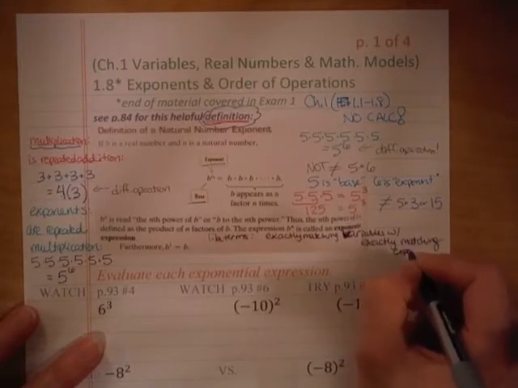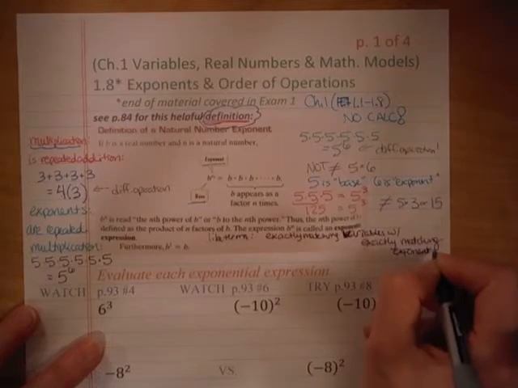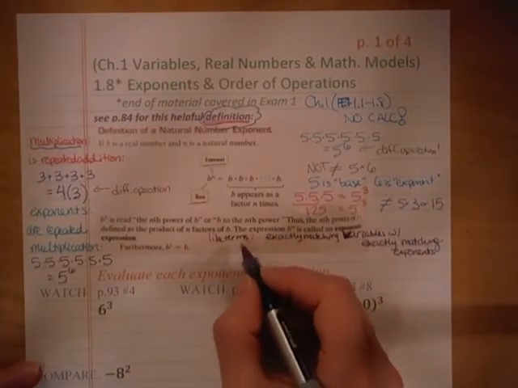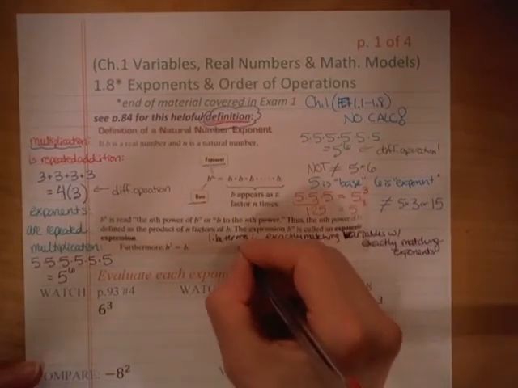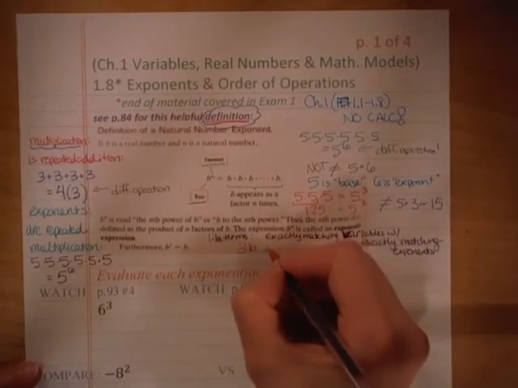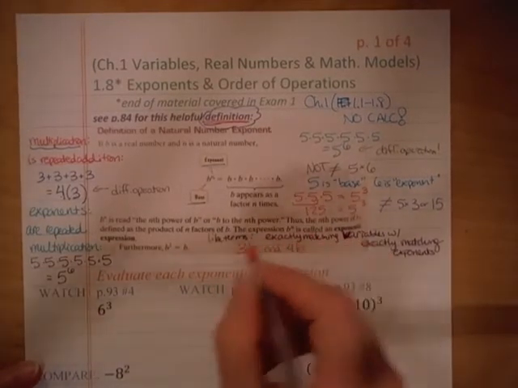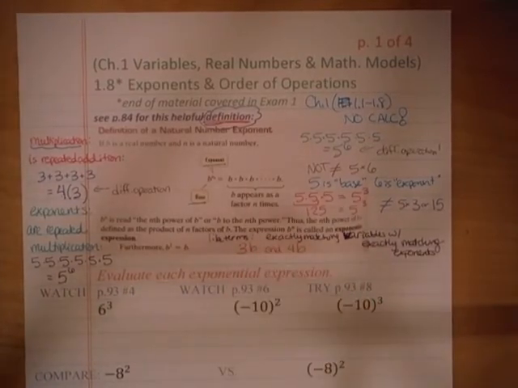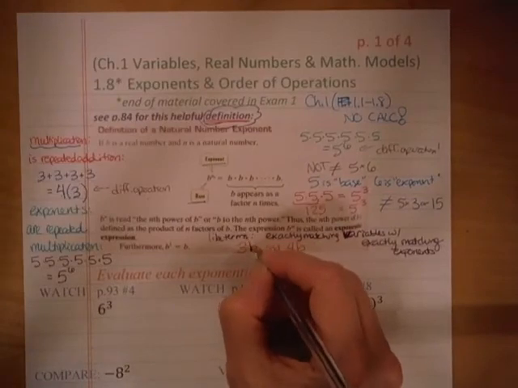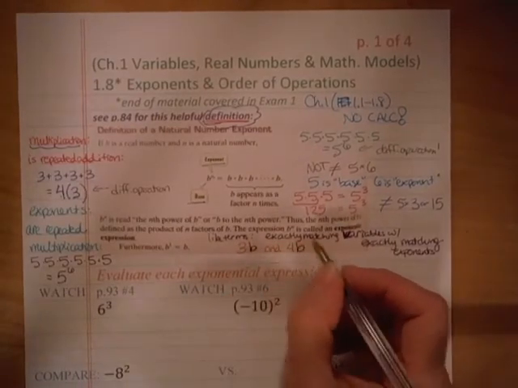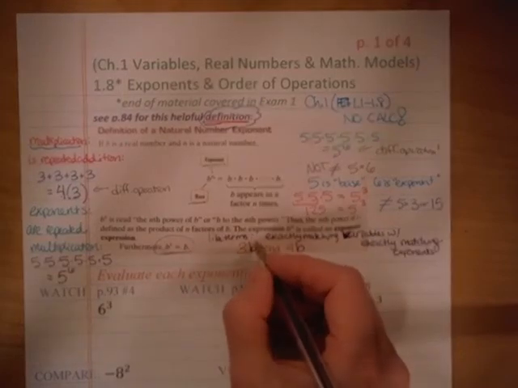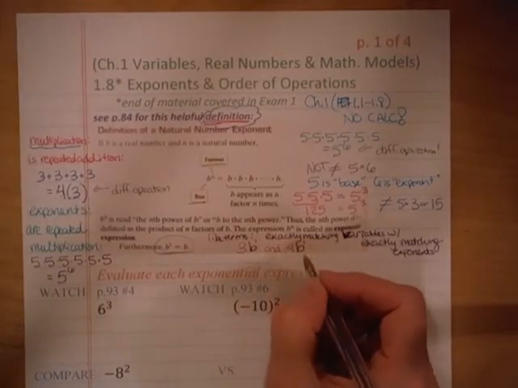Some of the examples we had were just plain variables. They didn't have an exponent that we could see. For example, like 3b and 4b. Those are like terms. The reason why they're like terms is because not only the b matches in each one, but the exponent matches too, because b to the 1st is just the same as b.